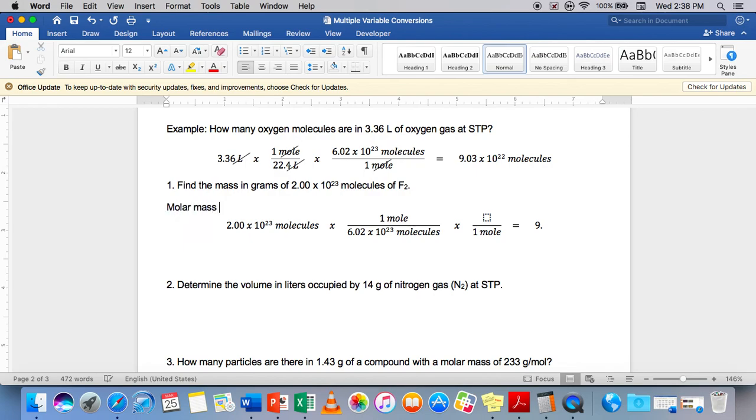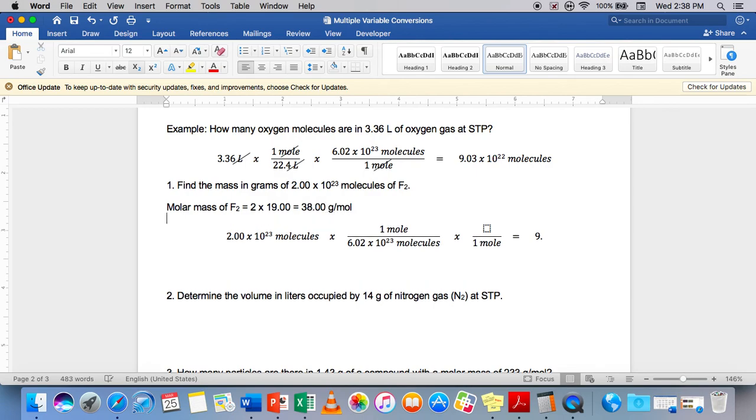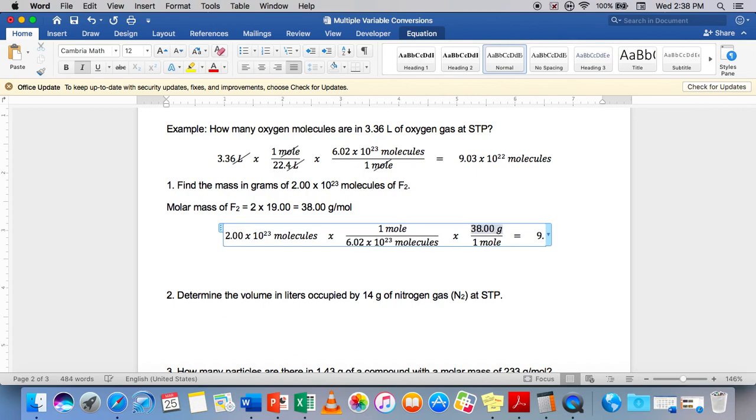Molar mass of fluorine equals 2 times 19.00. That equals 38.00 grams per mole. So that number, 38.00, that is what I'm going to put in my conversion factor. 38.00 grams.